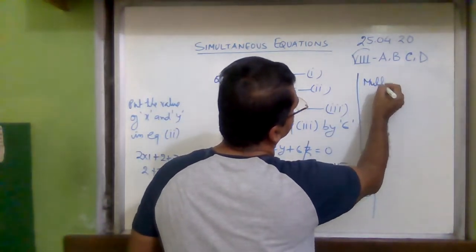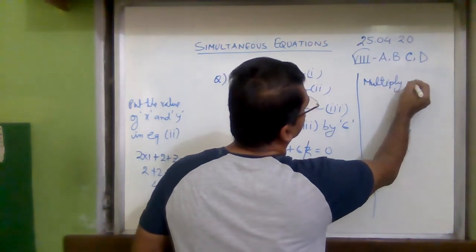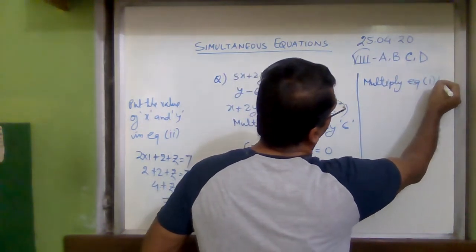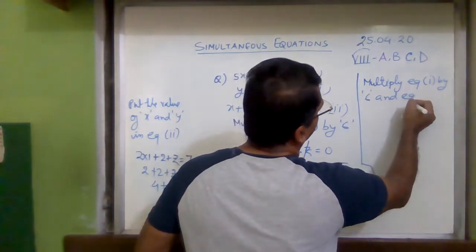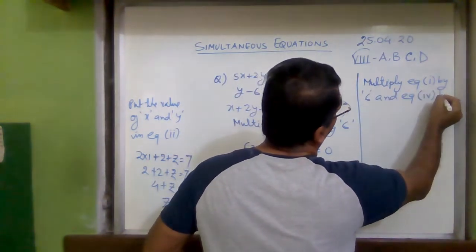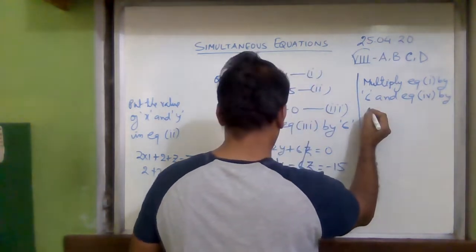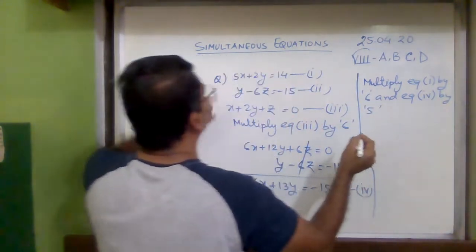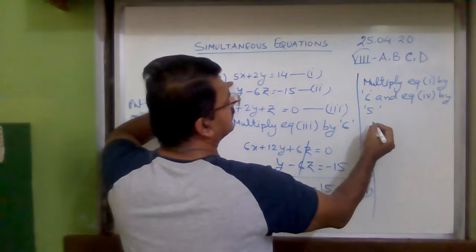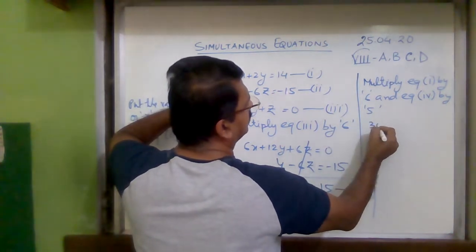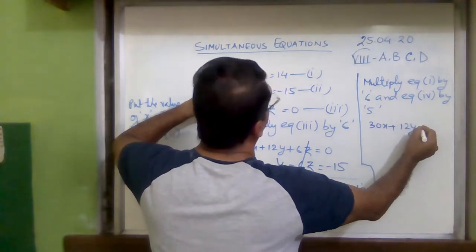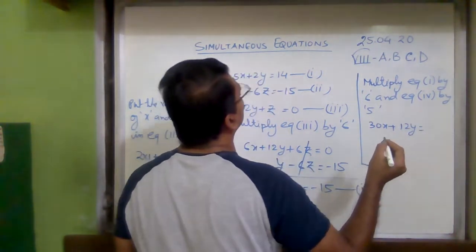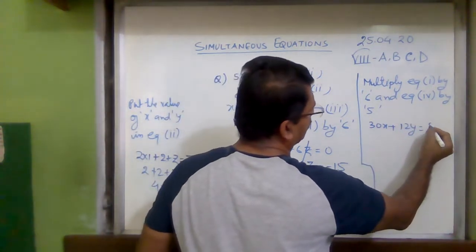So you multiply first equation by 6 and fourth equation by 5. Multiply equation 1 by 6 and equation 4 by 5. Now if you multiply this equation by 6, 6 into 5, 30x plus 6 into 2, 12y is equal to 14 into 6 is 84.